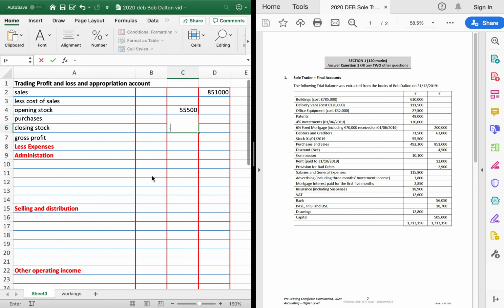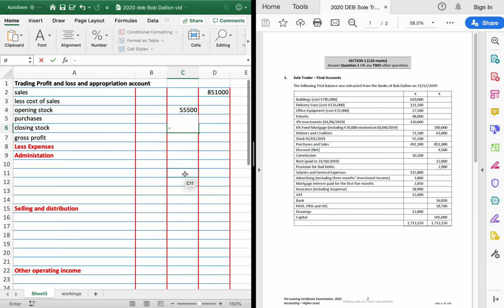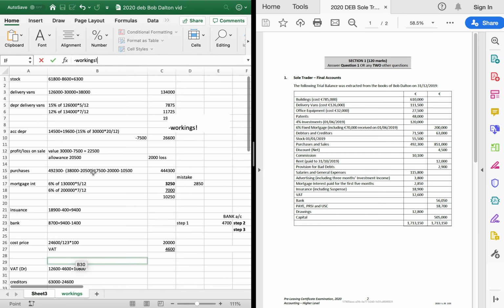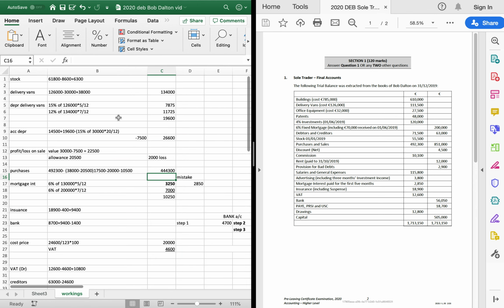And then our closing stock is also from our first page. So closing stock is 61.8 minus 8.6 plus 4.3.